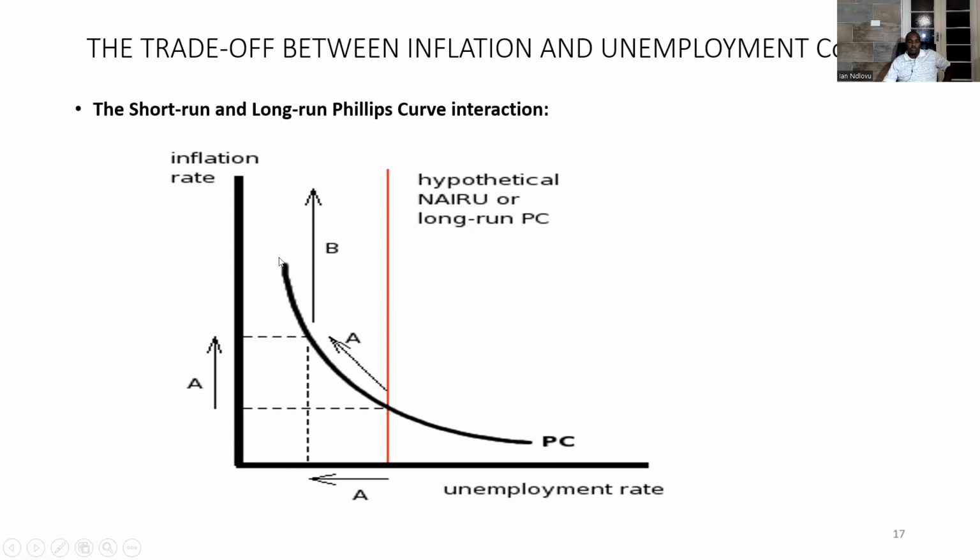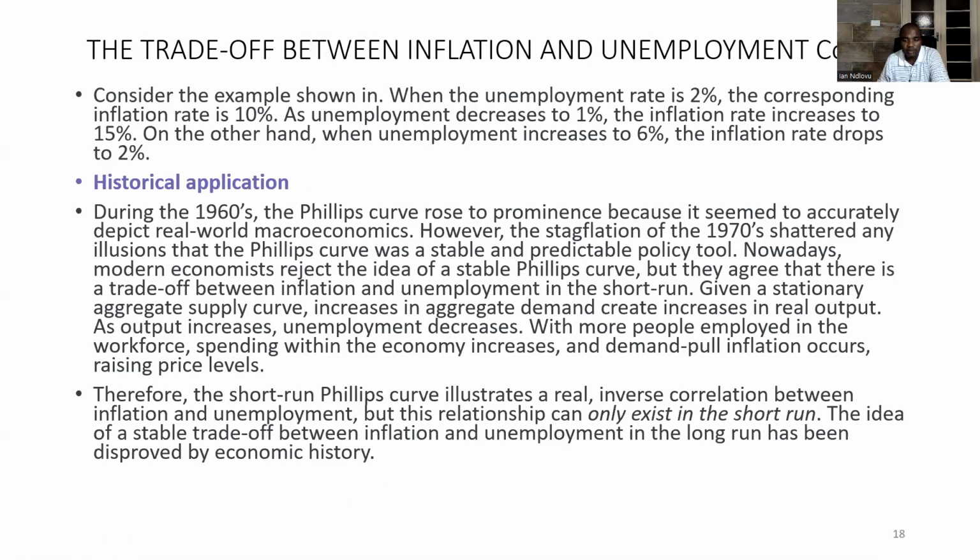And this movement can continue indefinitely, not literally to infinity, as long as we are in the short run. But as we approach the long run, whenever the long run will occur, we'd expect this Phillips curve to shift upward, ceteris paribus.